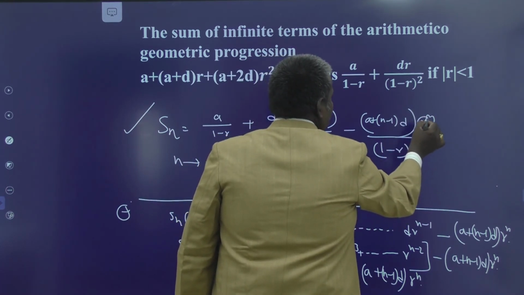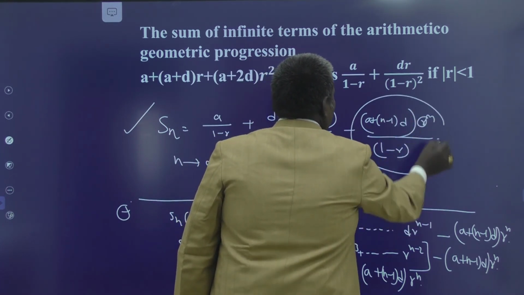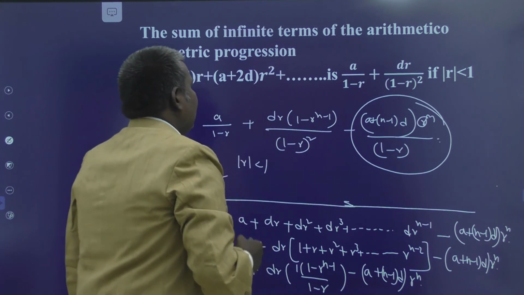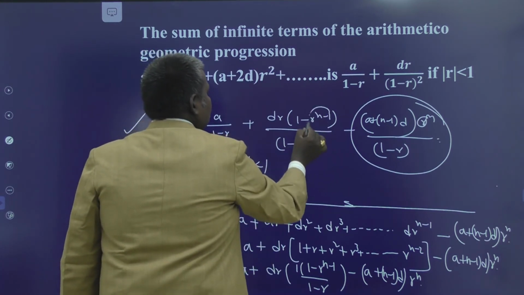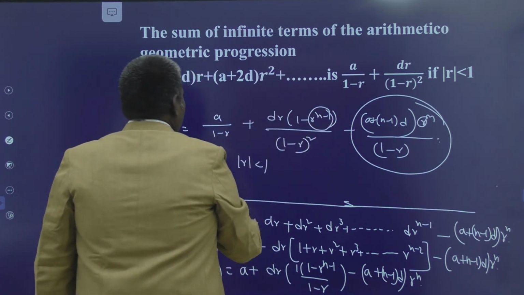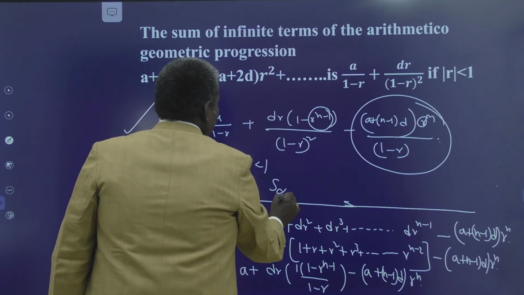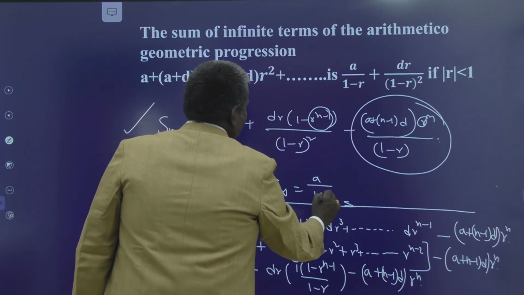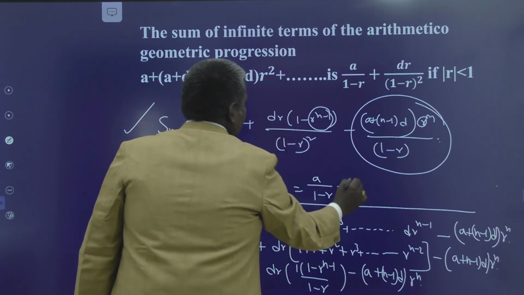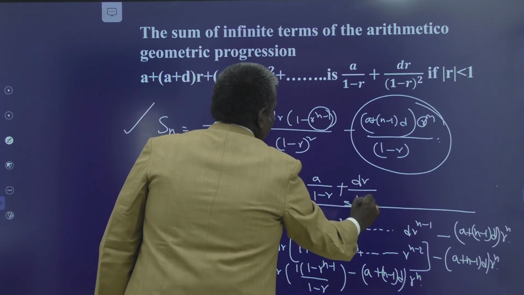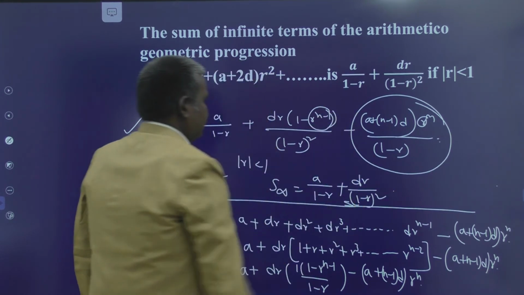This term becomes 0, and again this becomes 0. At that time S infinity is obtained by A by (1 minus R) plus dr by (1 minus R) whole square.